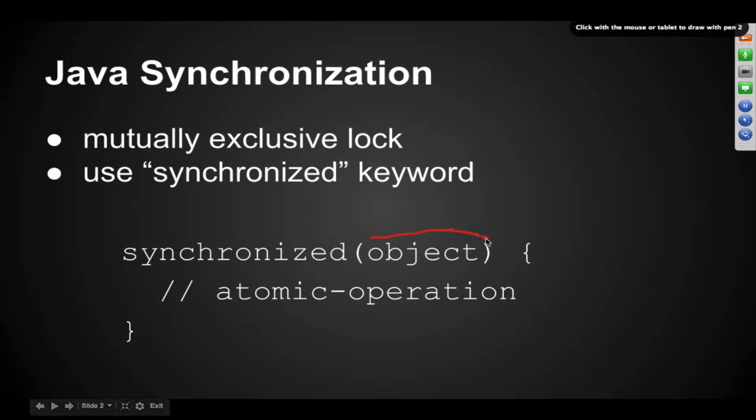This is the object that you're going to lock, and then whatever code you put in between this block is considered atomic. Atomic meaning that from another thread's perspective, that operation is considered as one unit and cannot be broken into finer units of execution.